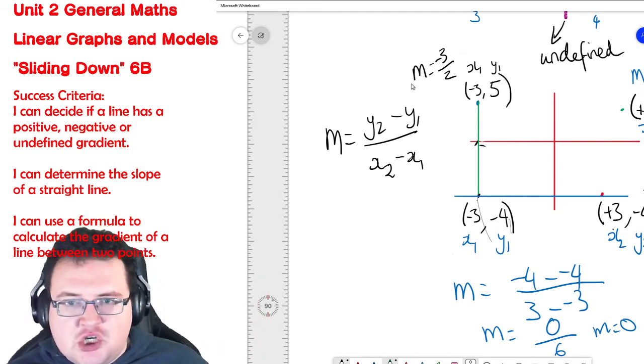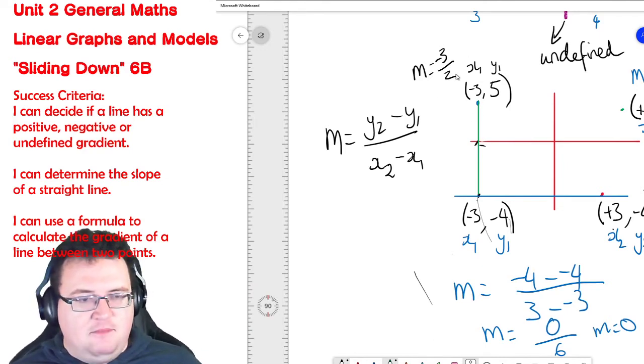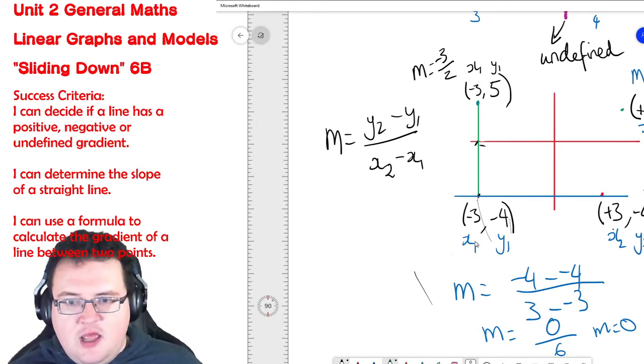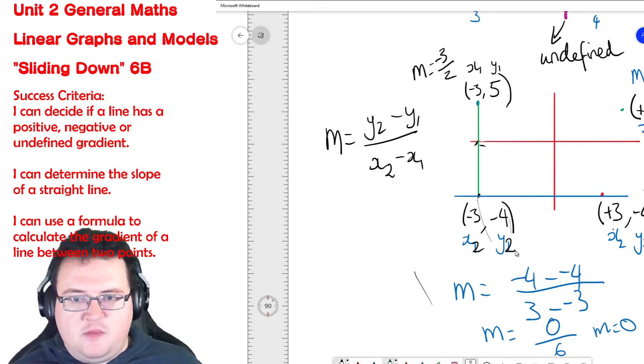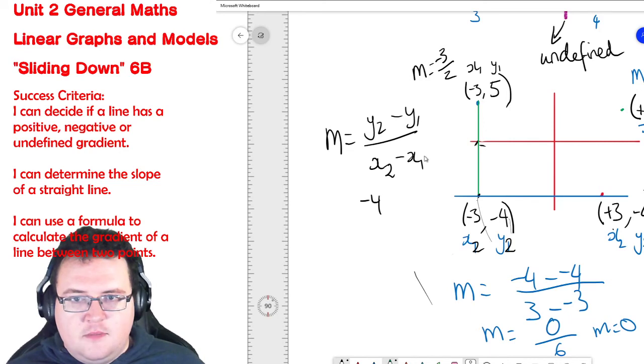As long as I'm internally consistent and refer to this set as the same number, so x1 and y1, I can call this one x2, y2, no problems. So y2 is minus 4 minus y1, which is 5, divided by minus 3 minus 3.